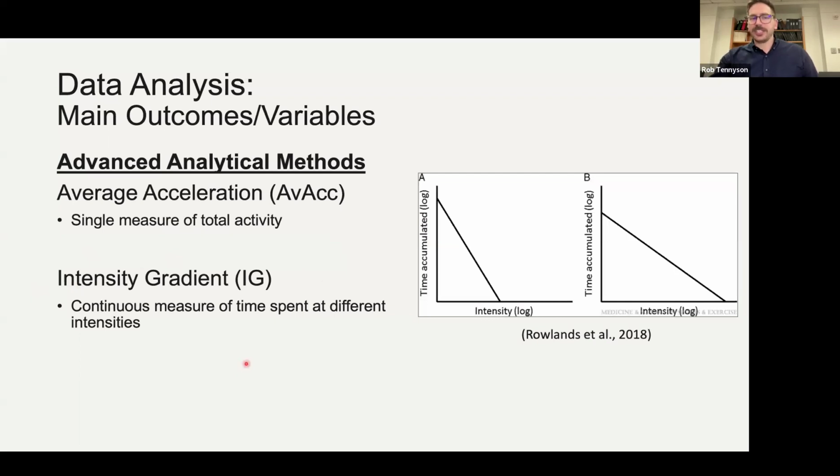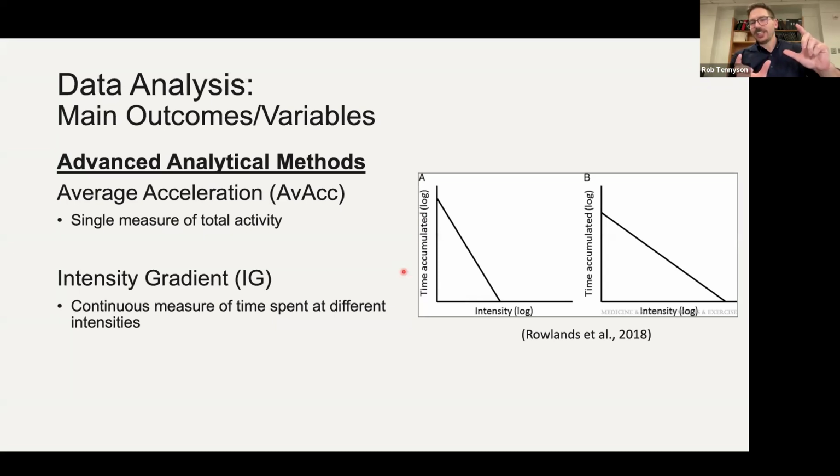And without going into too much detail, the intensity gradient is also a continuous measure of time spent at different intensities. It is literally the slope of the lines. It takes the log of time at a different intensity and the log of that intensity.